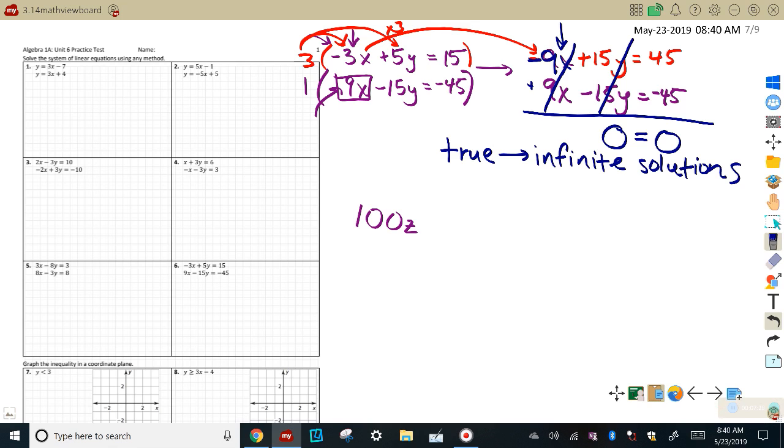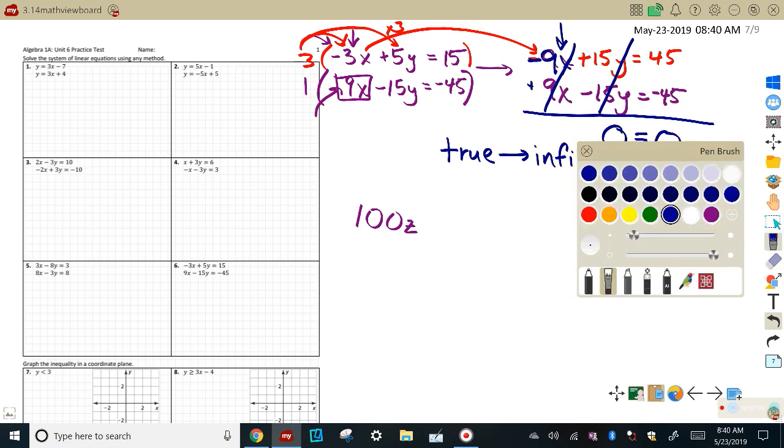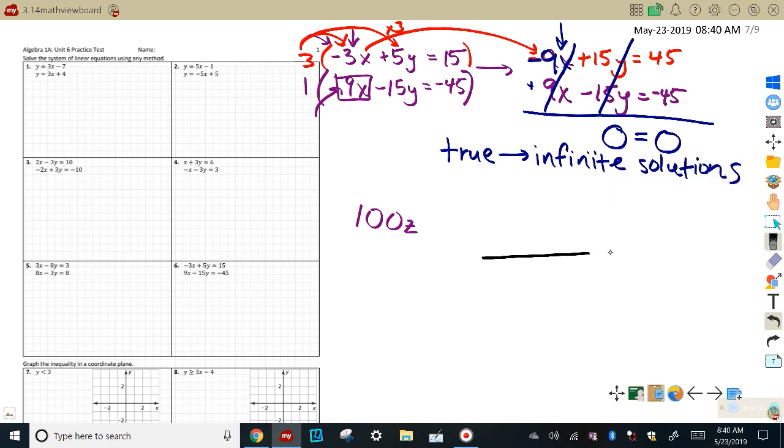What this would look like on a graph would be if this one right here was the purple line. If I graph the purple line, say it was right there. A solution would be wherever they cross.